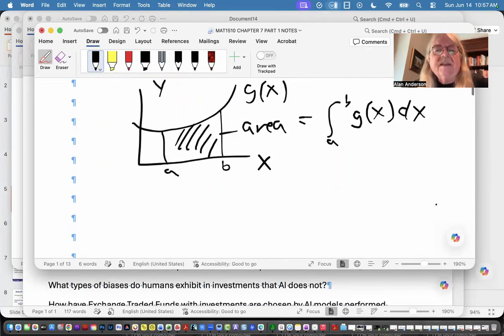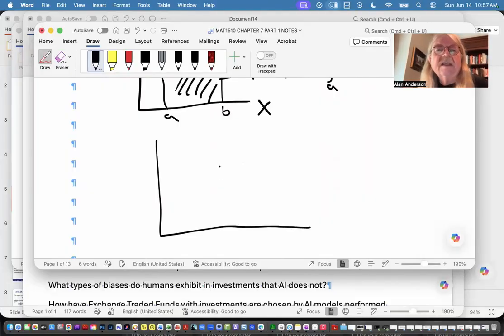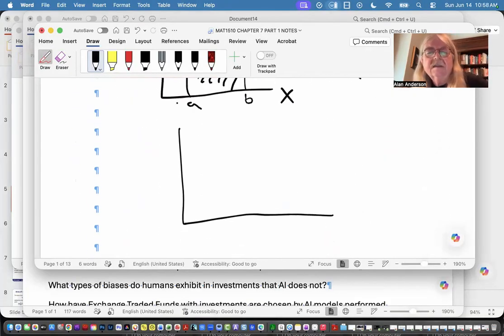Because if you bring them together, you'll see that, let's see if I can draw this properly. So once again, f of x is the top curve. Then we have g of x is the bottom curve.